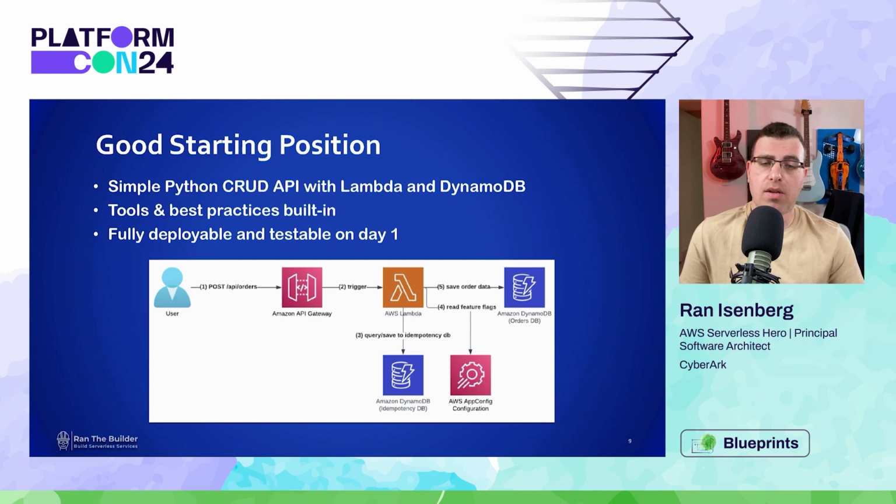I also added some idempotency features and feature flags, which are production readiness features, but they're not mandatory. What's most important is that you have the tools and all the best practices, which we're going to see in a second, already built in, and you're getting that for free. And of course, the template itself is fully deployable and testable on day one.